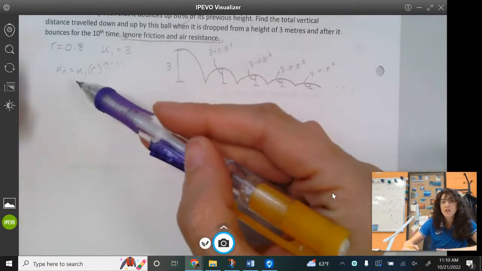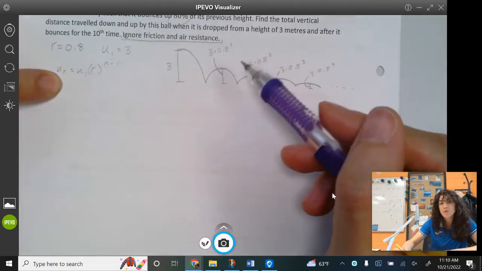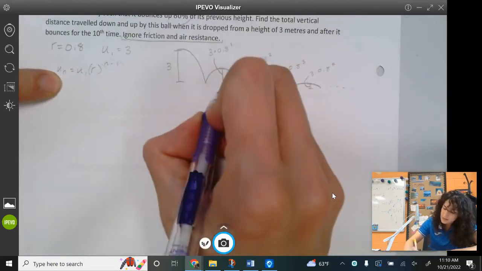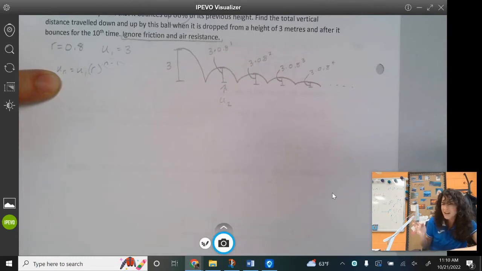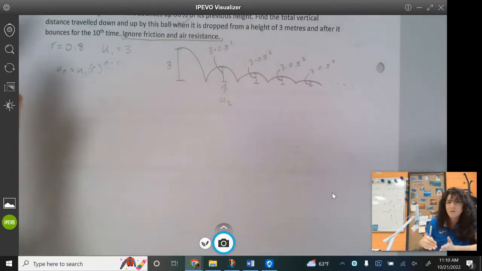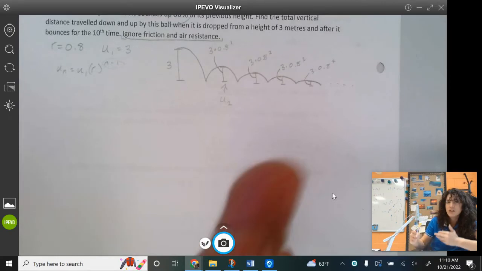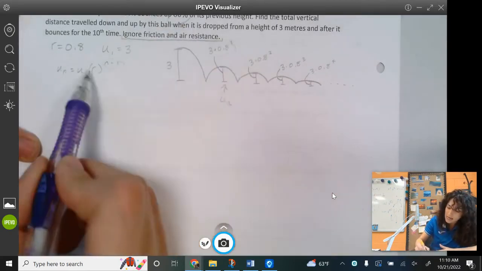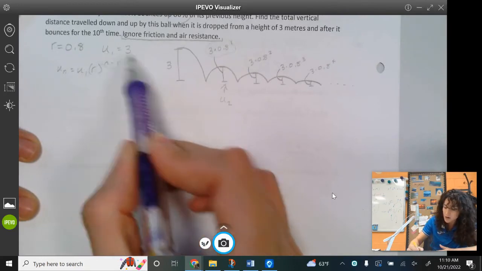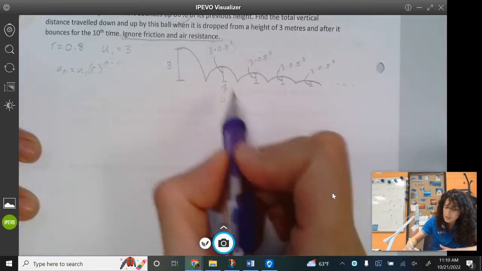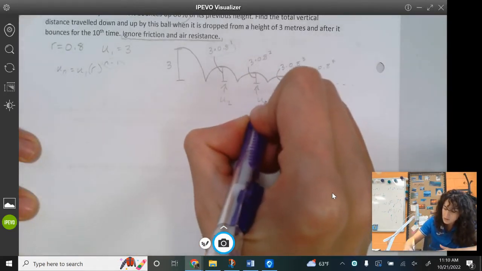That if it was u sub 2, that would result in a 1. So this is really like u sub 2 in my mind, kind of. I'm just trying to make connections between the formula and the picture, trying to see the equation and how it makes sense here. I like that 3 is my u sub 1. And okay, so then this would be u sub 2, and this would be u sub 3.